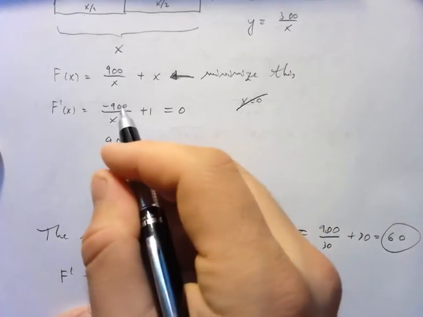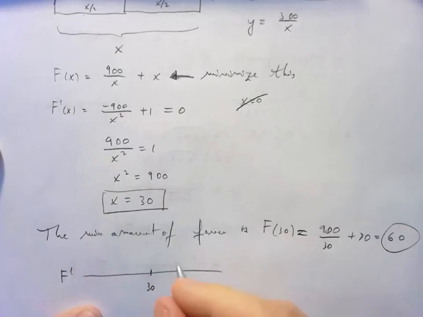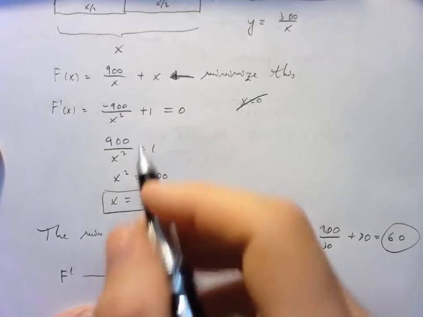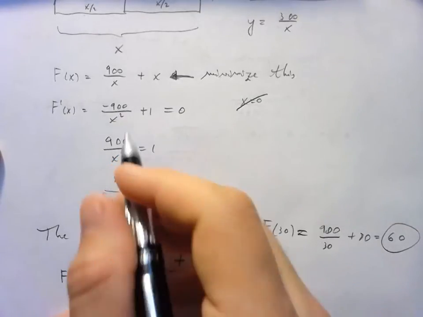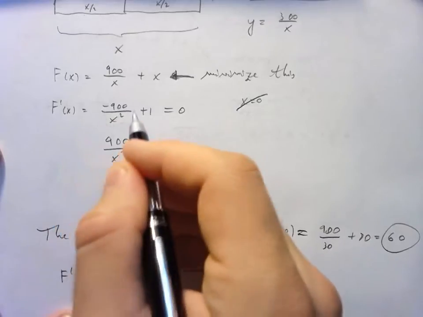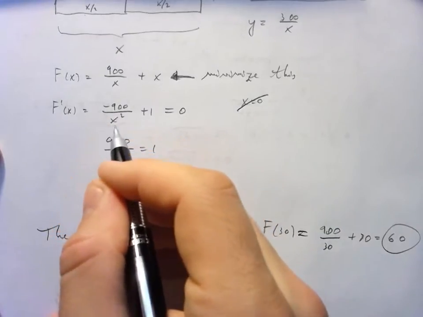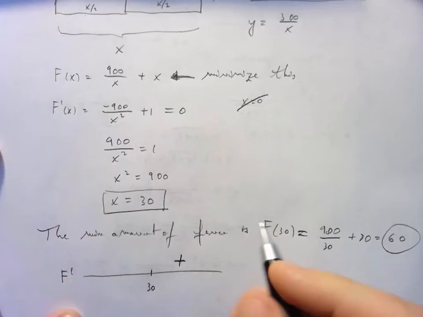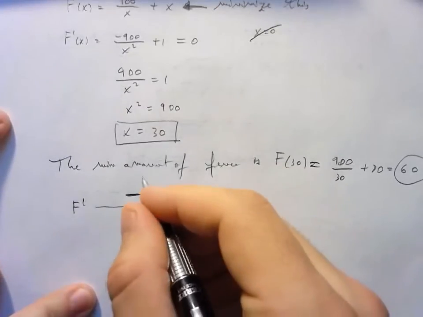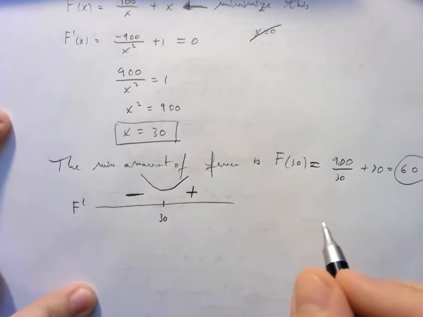So I'm going to subtract from 1 something that's smaller than 1, so this is going to be positive. If I do it the other way around, if I plug in something less than 30, then this term is going to be greater than 1. When I add 1, this is negative, so the function has to go from decreasing to increasing, and that is why this is a minimum.